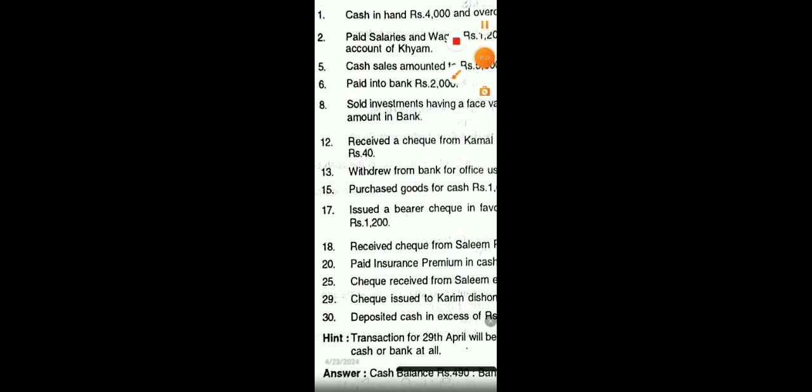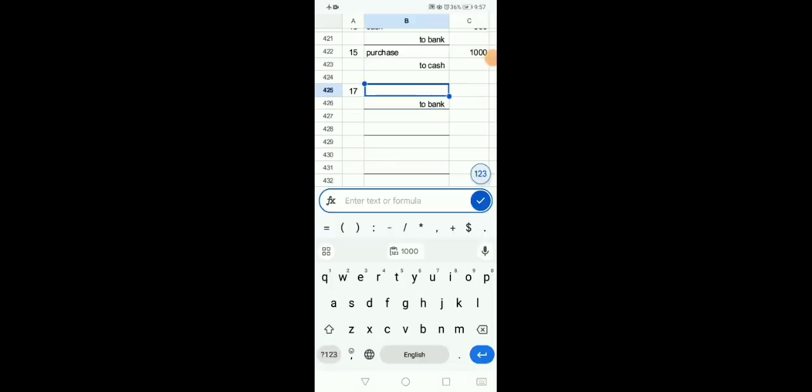How is this amount being drawn from the bank? Because you have issued a bearer check. To whom have you issued this check? The person's name is Amir. Alright, come over here. Amir was the person to whom the amount was payable. He was your account payable. Now you have paid, no matter in the shape of cash or check, but you have paid. When you have paid your account payable, it means he is no more your account payable. Account payables are liability, meaning no more your liability.